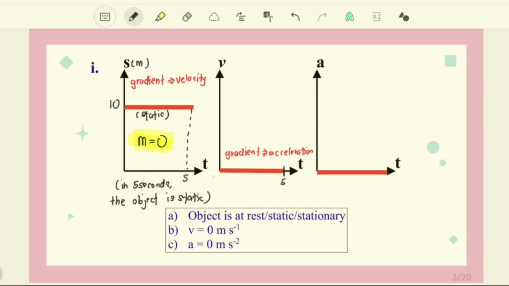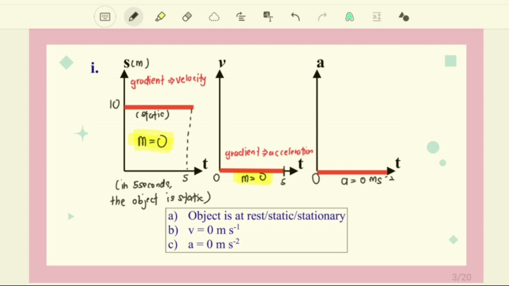The velocity is 0. It's not moving. And the gradient here is also equal to 0, so the acceleration is equal to 0 meter per second squared. So this is the meaning of these three graphs.